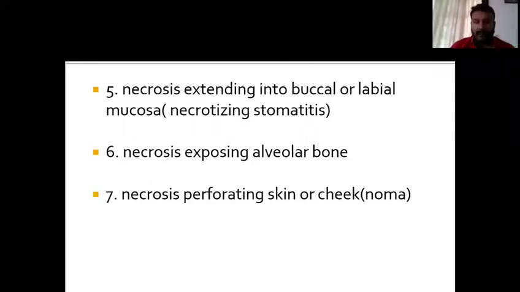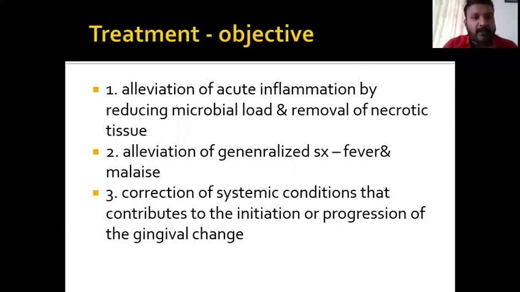Okay. Now coming to the treatment objectives. Your first treatment objective is the alleviation of acute inflammation, because there is severe inflammation and severe bacterial load. So the first aim is to alleviate the acute inflammation by reducing the bacterial load and removing the necrotic tissue. The second aim is to alleviate the general symptoms, fever, malaise, GI disturbances and pain.